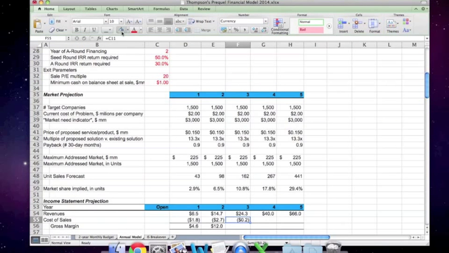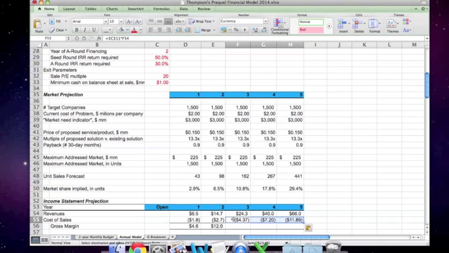Obviously that's incomplete, but we know it's a negative number and it's a percent to sales, so all I need to do is multiply that by sales. Now I didn't capture the absolute cell reference, so I'm going to go here right in the middle of C11 and hit Command T. That makes it an absolute cell reference. I could actually type in dollar signs, that would work. But these shortcuts are easier once you've learned them.